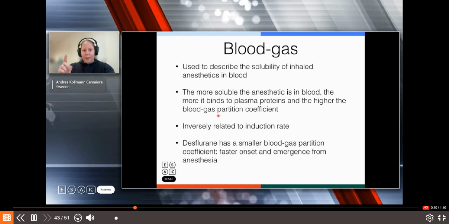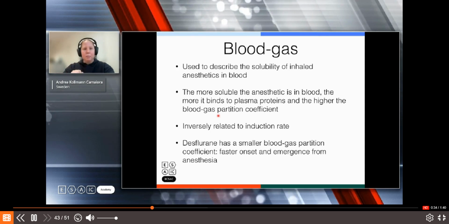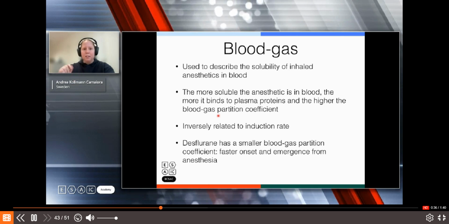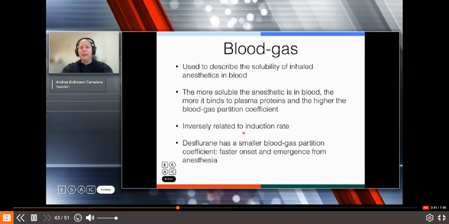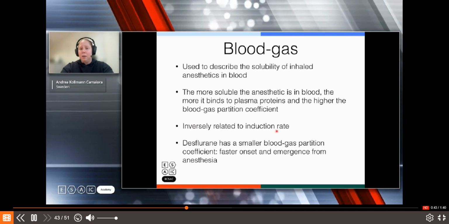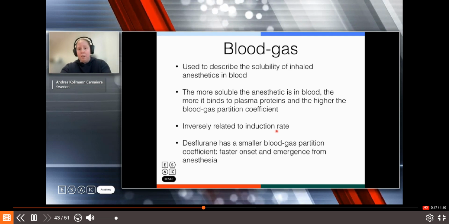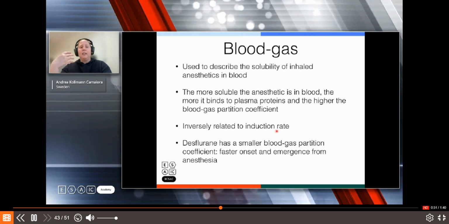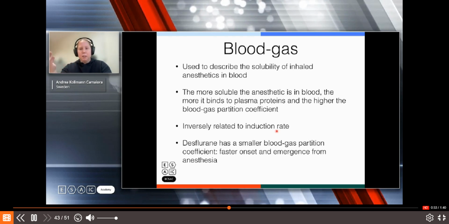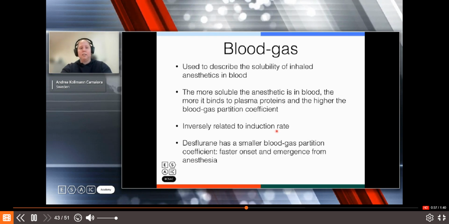So if you have a gas that has a high blood gas partition coefficient, which means that it's more soluble, it is inversely related to the induction rate. Because once it binds to plasma proteins, it's useless for the aim we have. It won't have an effect on the brain. So then, the higher the blood gas partition coefficient, the slower the induction rate.